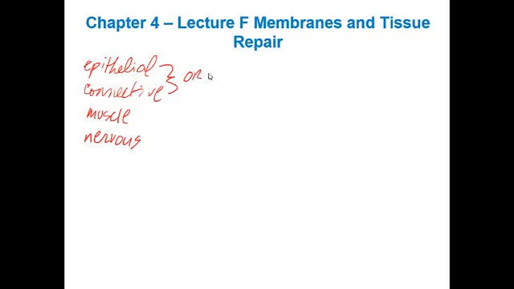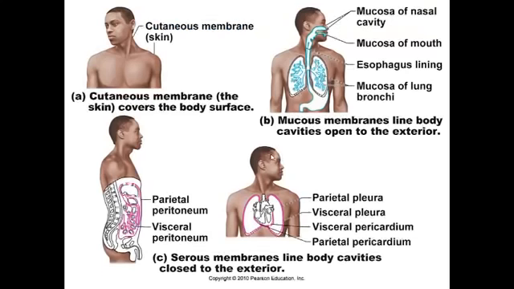So technically, these membranes are types of organs, and the ones that we're going to focus on are cutaneous, mucous, and also serous membranes. In chapter 8, we're going to talk about synovial membranes, so we're not going to address that here. This first slide is showing the three major types of tissues. There is the cutaneous membrane, which is made up of keratinized, stratified, squamous.